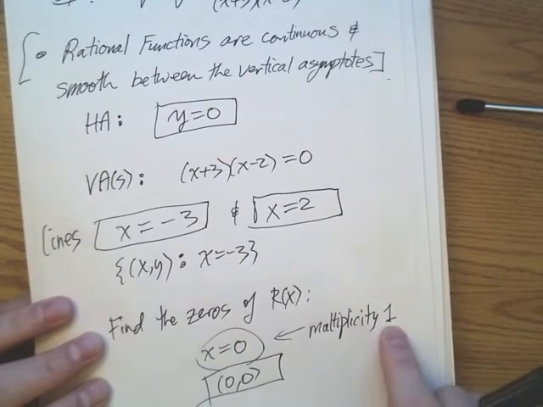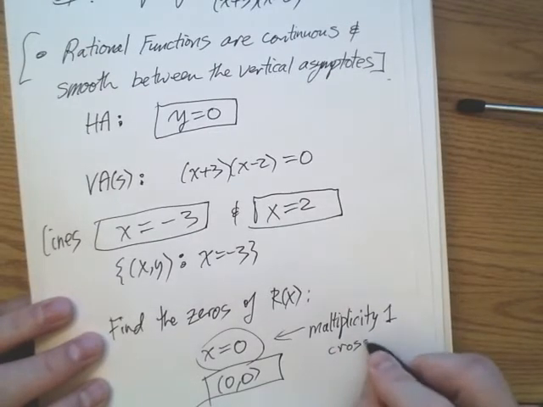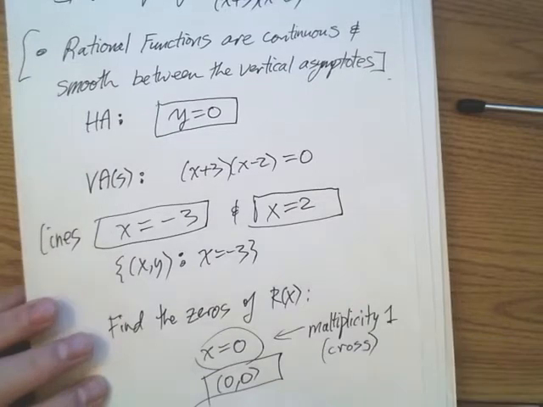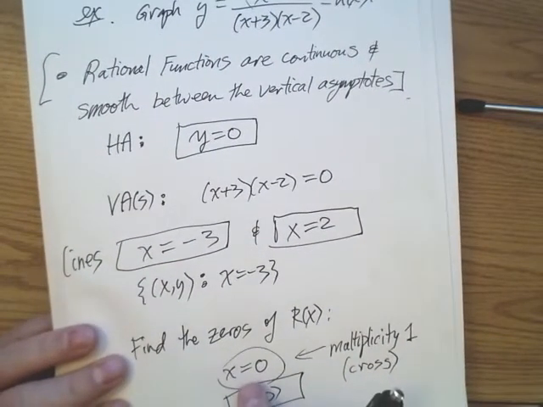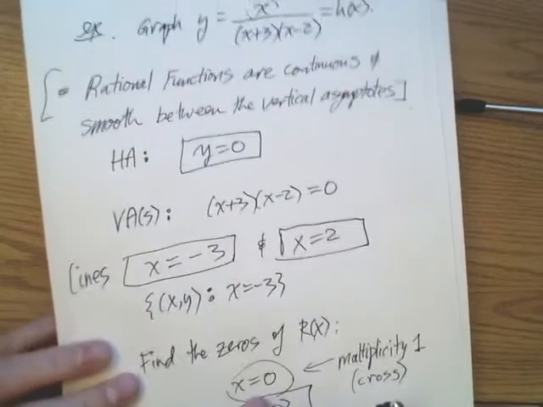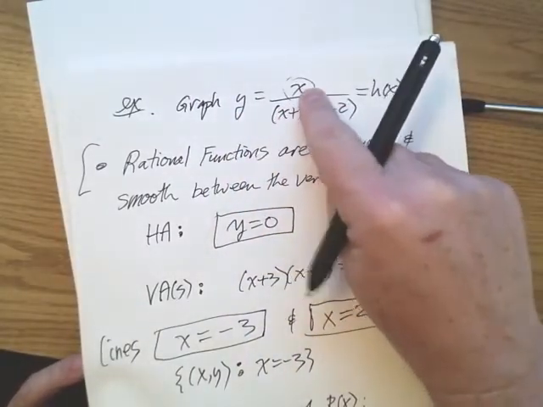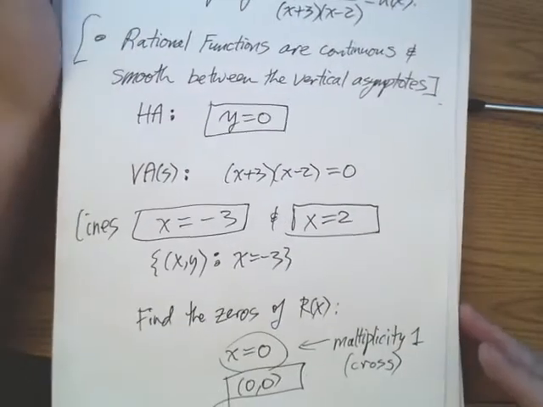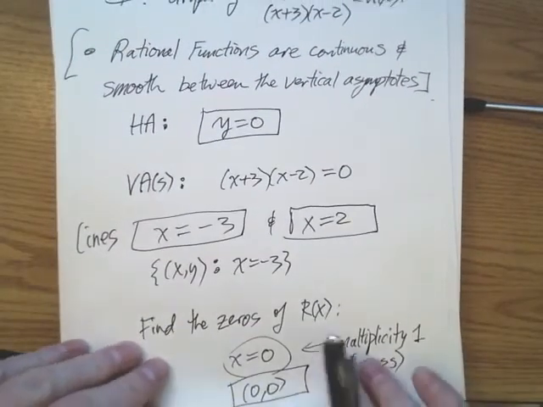What does an odd multiplicity mean? It means it's going to cross, right? In this case, it's going to cross the x-axis, because y equals 0, multiplying on both sides by the denominator, is where r of x equals 0. All righty, find the zeros of this.